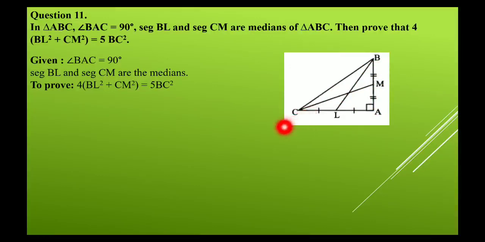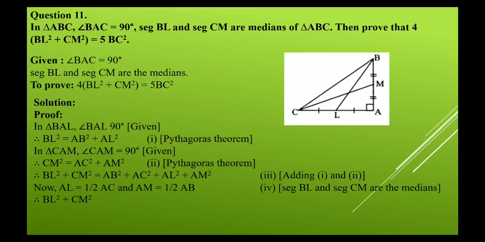BL is a segment from the vertex to the opposite side, a median that divides the segment equally. That is CL is equal to LA.